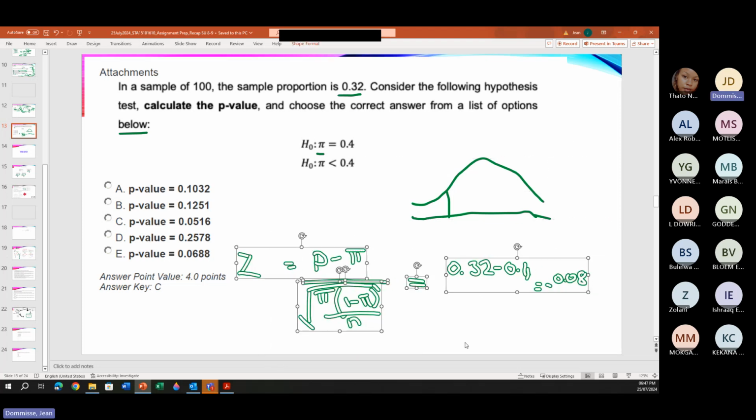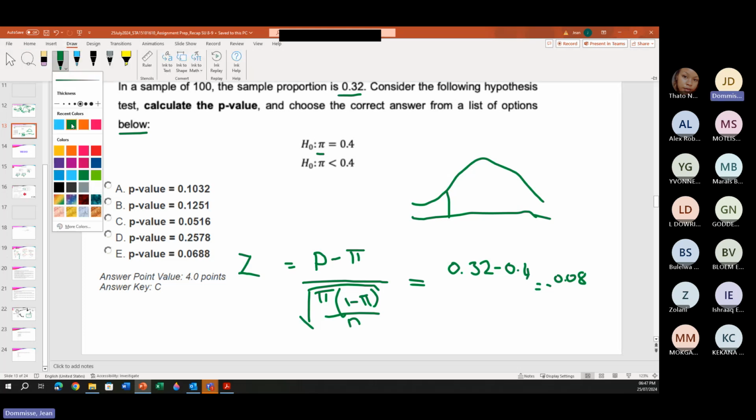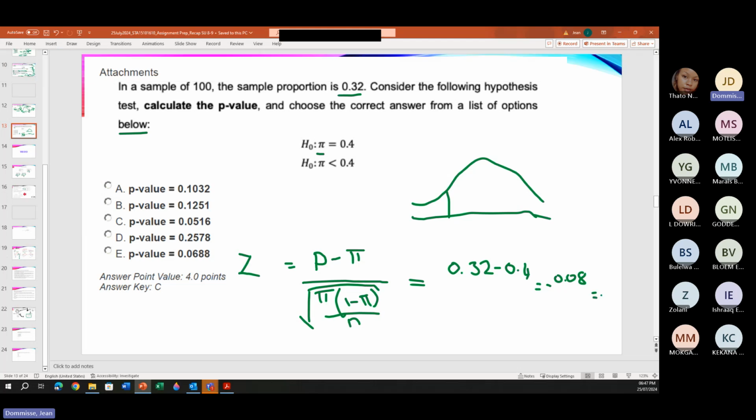That was more space. Okay, so that already tells me that I'm going to work with a negative z. So going to be a negative z, and it's smaller, so this side it's going to be my p-value. Okay, negative z, and it needs to be smaller, so it is going to be on the left-hand side.